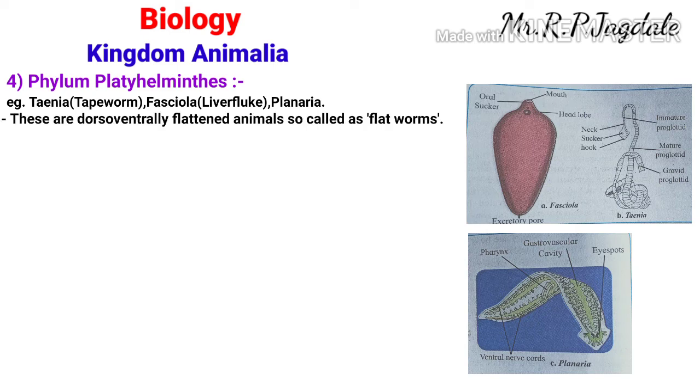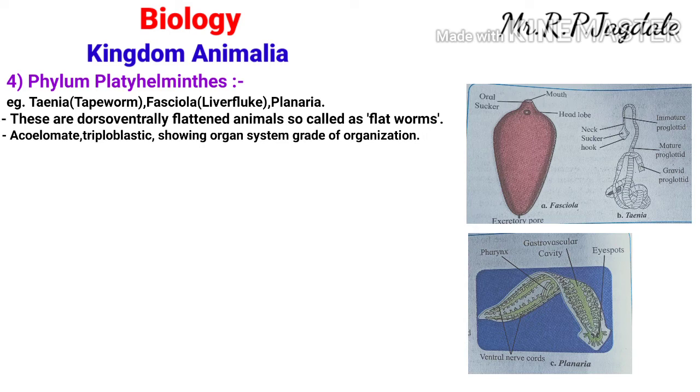The animals of phylum Platyhelminthes are acoelomate, that means there is an absence of a cavity in their body. They are triploblastic, that means they have 3 germ layers: ectoderm, mesoderm and endoderm. And they show an organ system grade of organization.